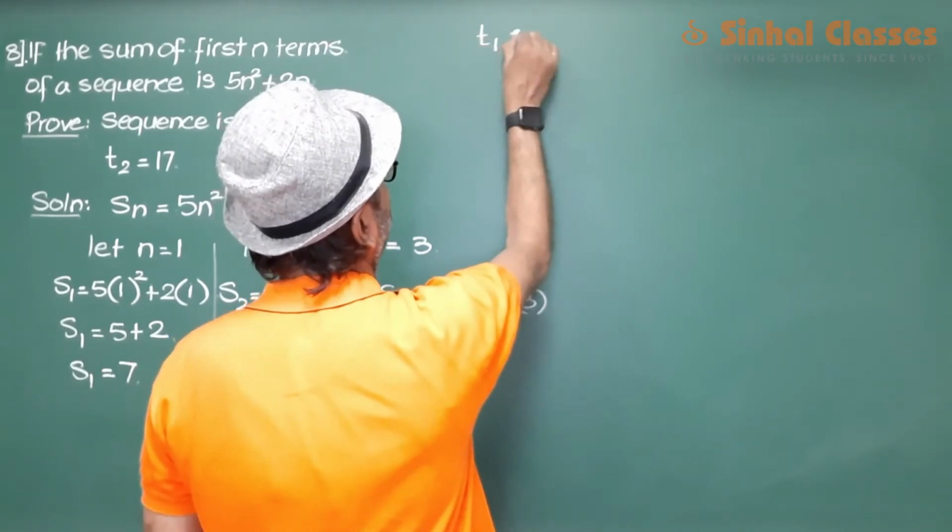Now Sn is 287. The value of n we don't know. The value of d is 3.